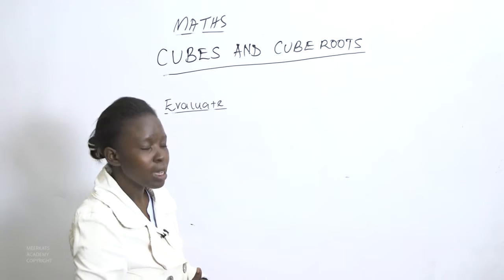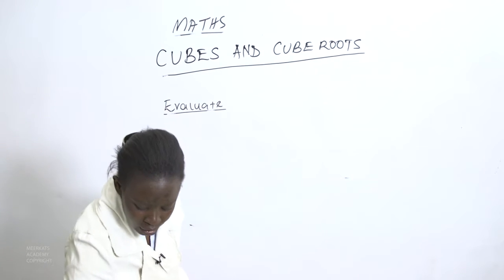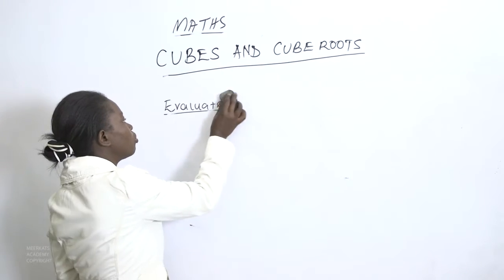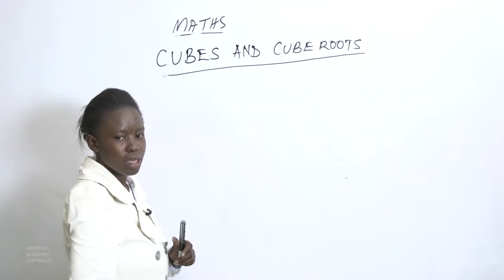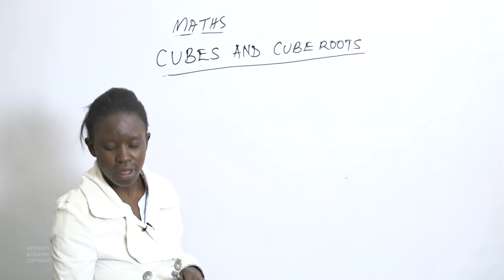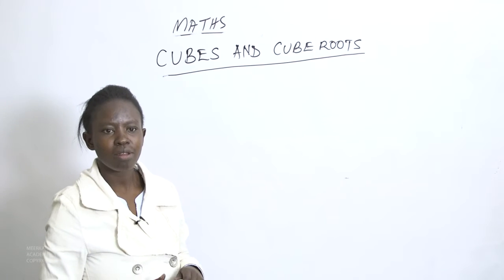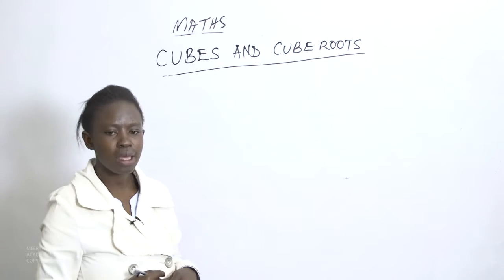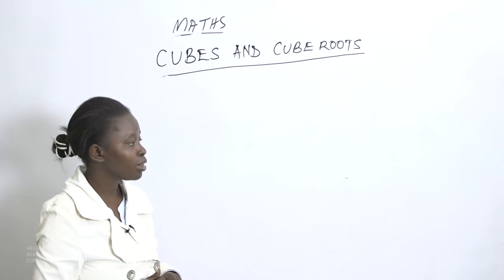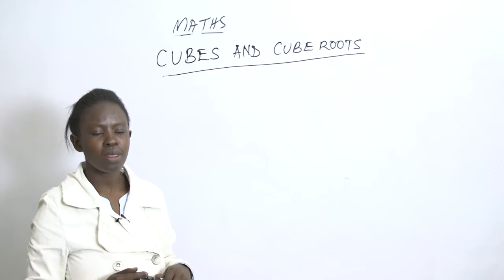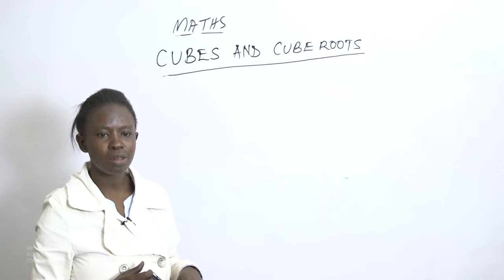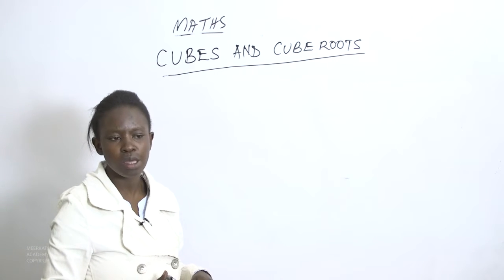So just winding up, we've been looking at cubes and cube roots. And we've simply said that a cube is that number that is obtained when you multiply the number by itself repeatedly 3 times. A cube root is that number that you are supposed to multiply repeatedly 3 times to give you a cube.